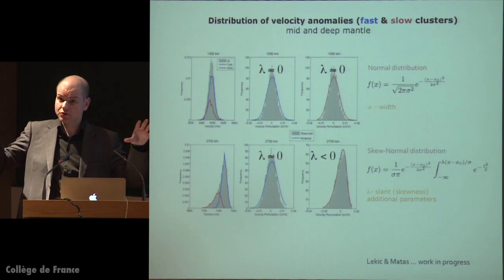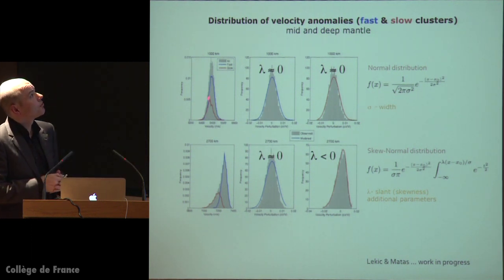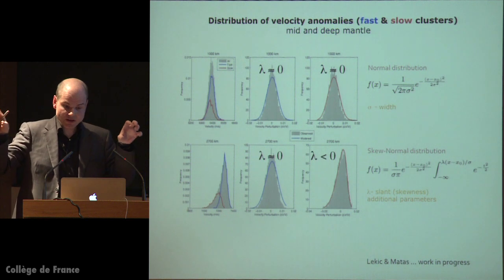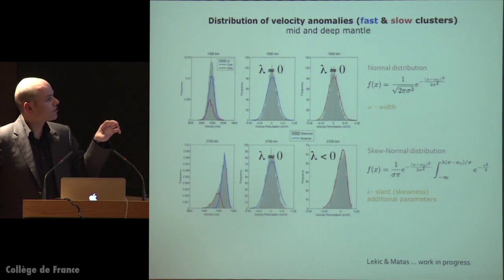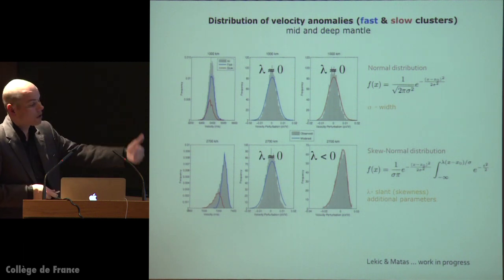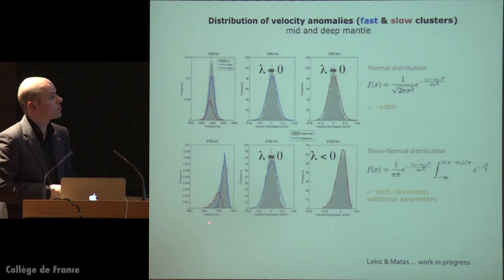Now we use the two clusters, the fast cluster and the slow cluster, and we look at the velocity distributions within these clusters, how they look, and we plot them on top of this global distribution.